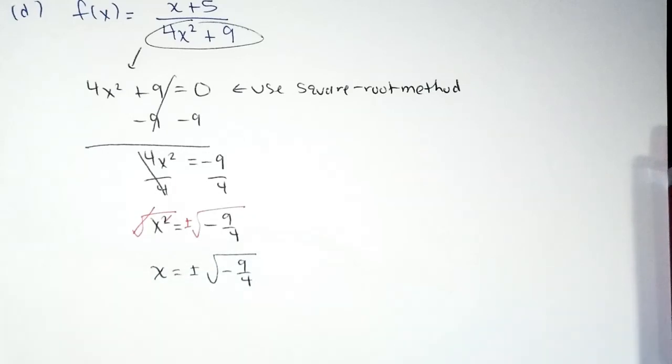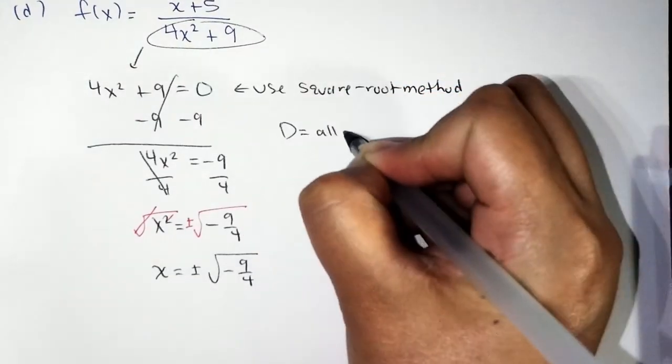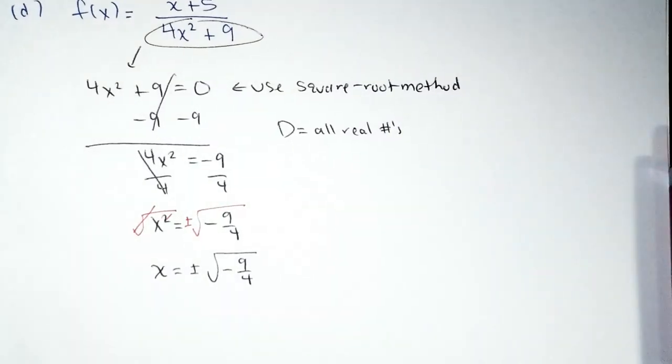Now, this is the thing. What is the domain of a rational function? The domain would be all real numbers except for the restrictions on the variable, except for whatever makes the denominator equal to 0.